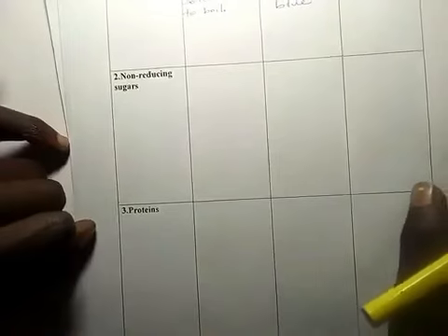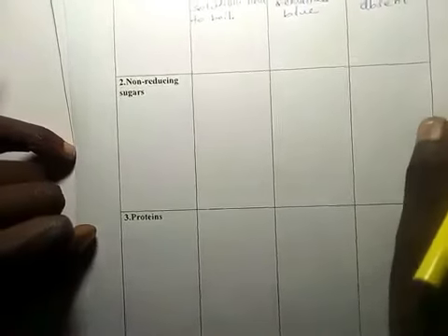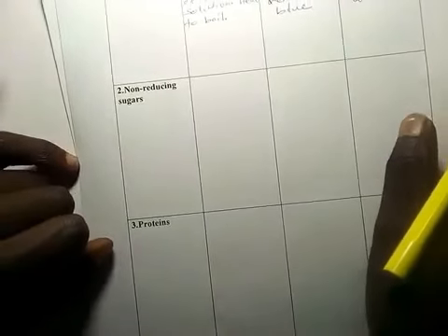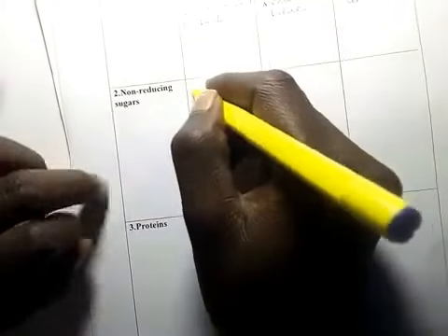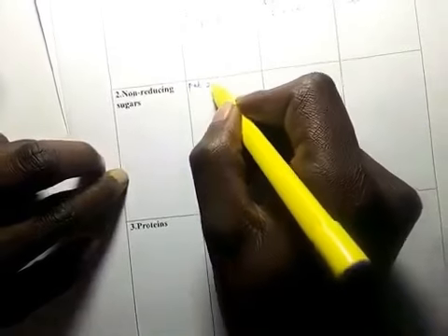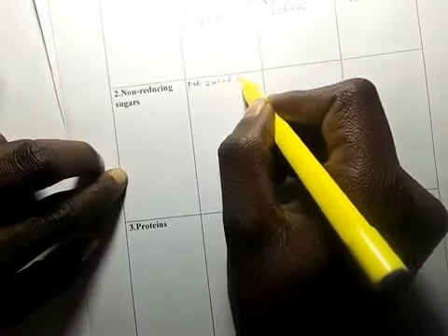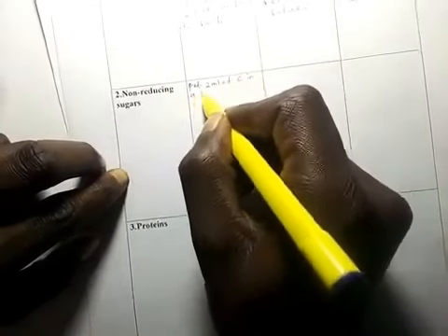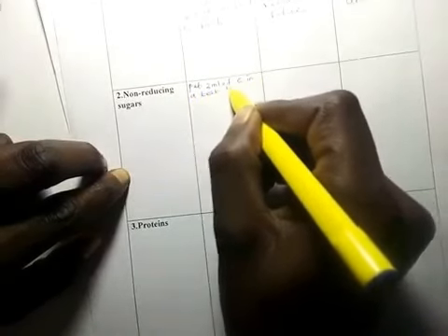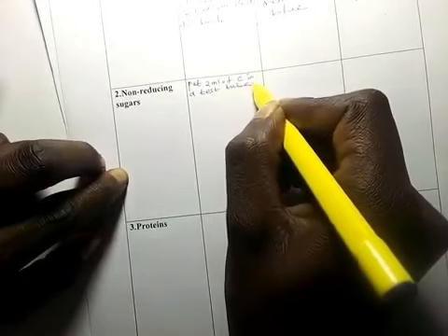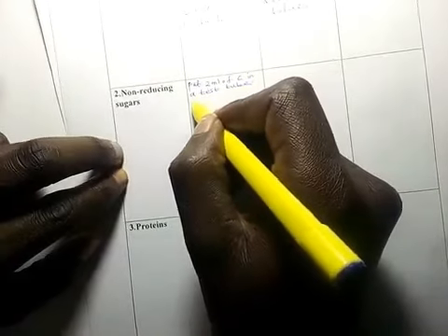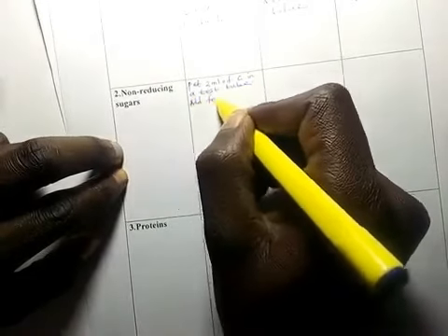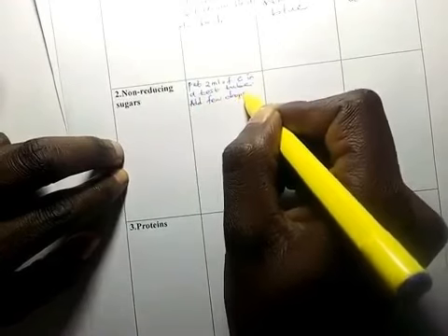Now we are testing for non-reducing sugar. In this, the procedure is very big. You should be very careful while writing this procedure. Now we'll start saying put 2 ml of C in a test tube, and then add few drops of dilute hydrochloric acid.